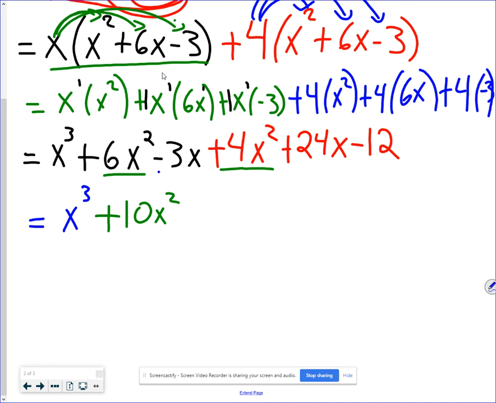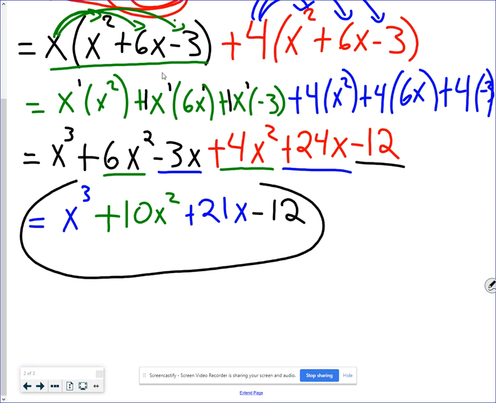We have a negative 3x and a 24x, so negative 3 plus 24 we'll rewrite as plus 21x. And then we have our minus 12 to bring down. So when we use the double distributive property, this is what we get.